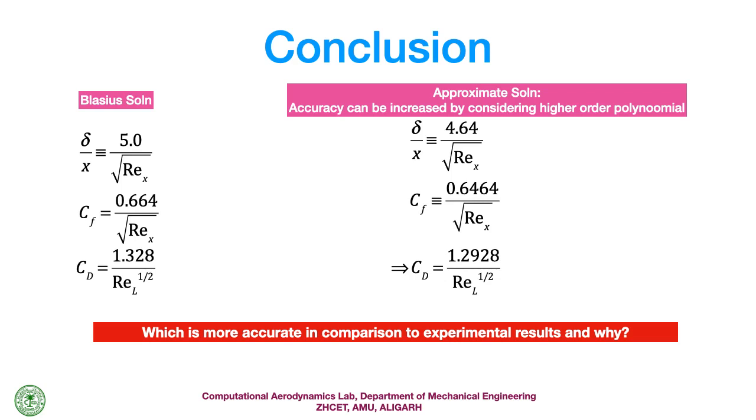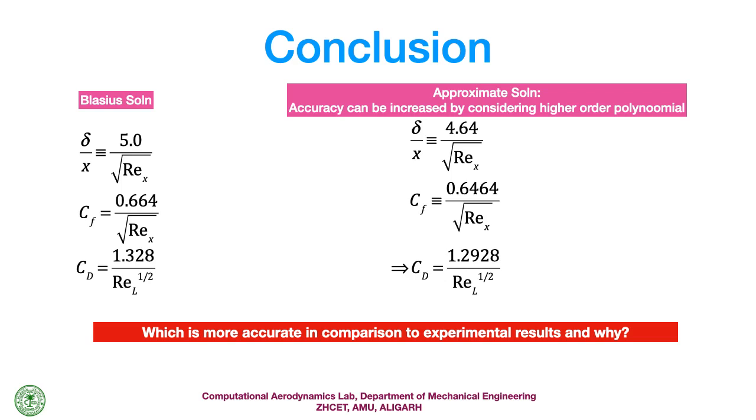The Blasius solution, which was shown in the last lecture, gives delta by x varying as 5 times Rex raised to the power minus half, whereas delta by x by the approximate solution is 4.64 Rex raised to the power minus half.